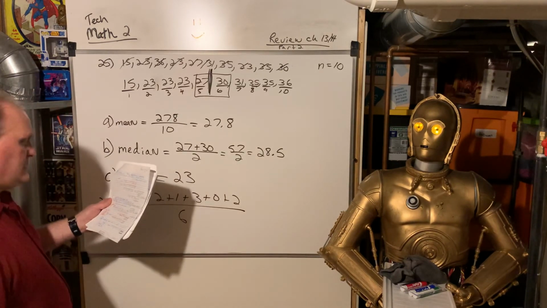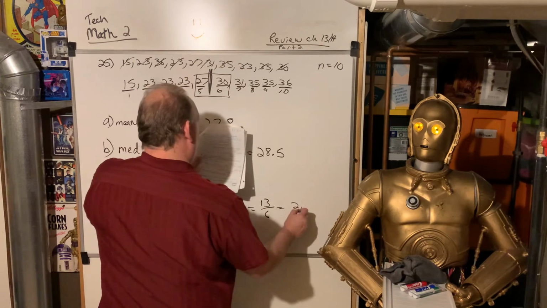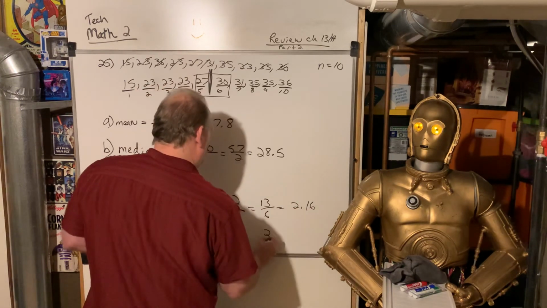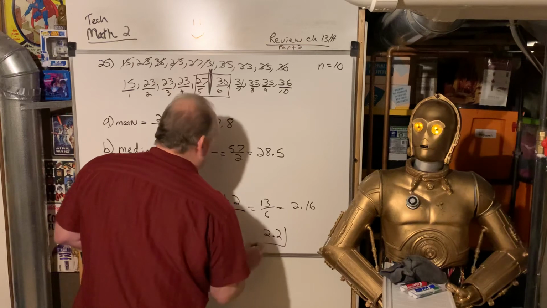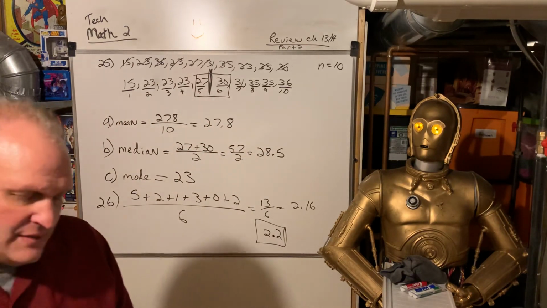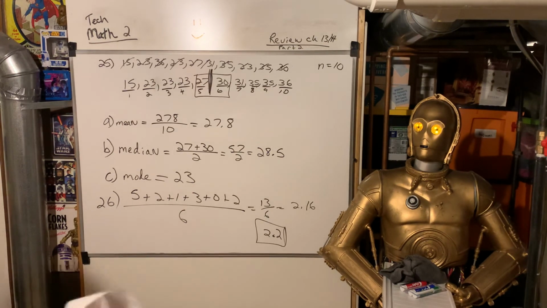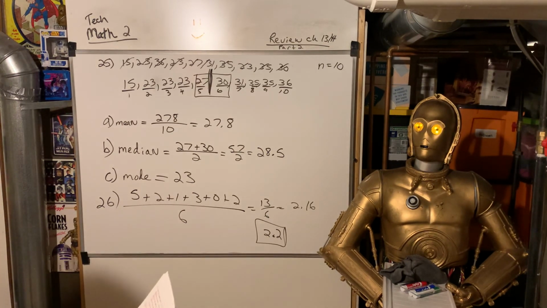So we're looking at 13/6, which is 2.16, which is 2.2. Is the average. A lot of people go, well, you can't sell 2.2 cars, and no, you can't, but you get that it's an average. So average isn't going to contain one of the numbers in the set necessarily.